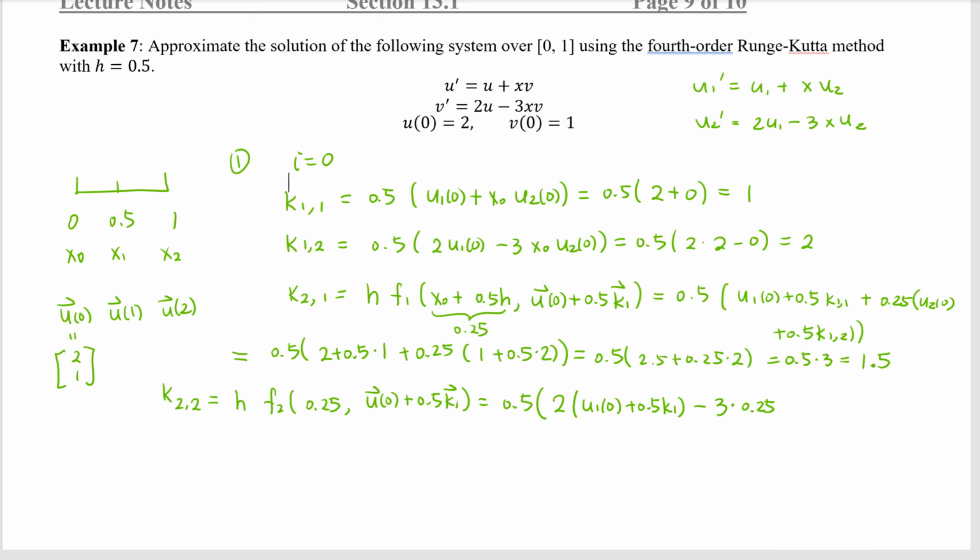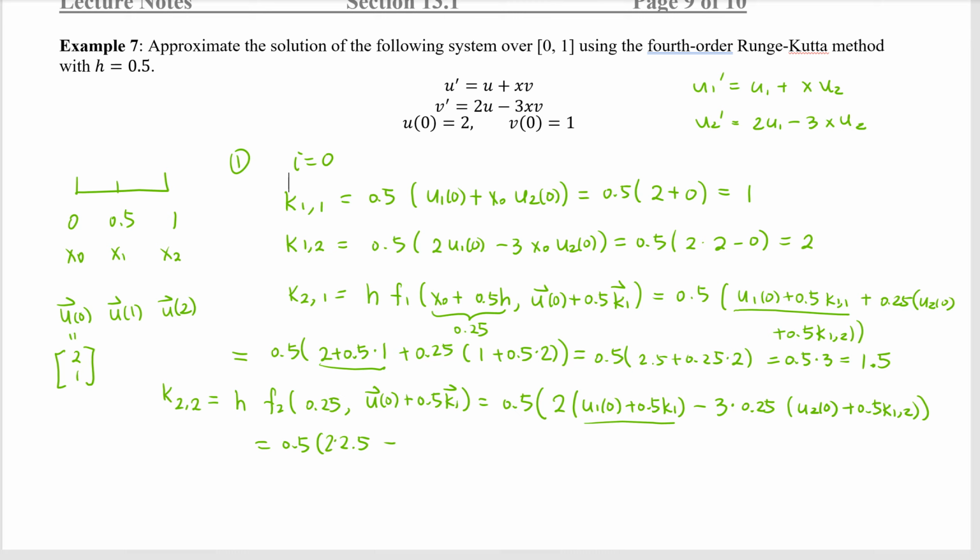The v is like u2. u2 is u2 of 0 plus 0.5 k12. Okay, let's see what is that. What is this number? Well, this number is the same as this number. That is 2 plus 0.5. This is 2.5. Right? And don't forget the 2 in front of it.